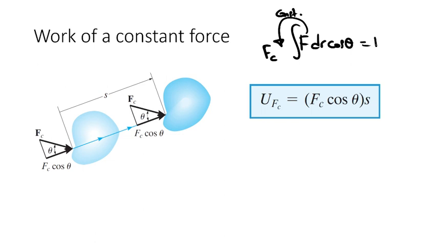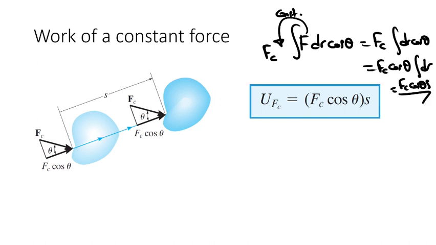Then it will be Fc and dr cosine theta, and that will be Fc cosine theta and dr, and that will be Fc cosine theta s. Again you can bring the cosine theta out if it doesn't depend on dr. In this case it doesn't depend, so cosine theta is constant as well.